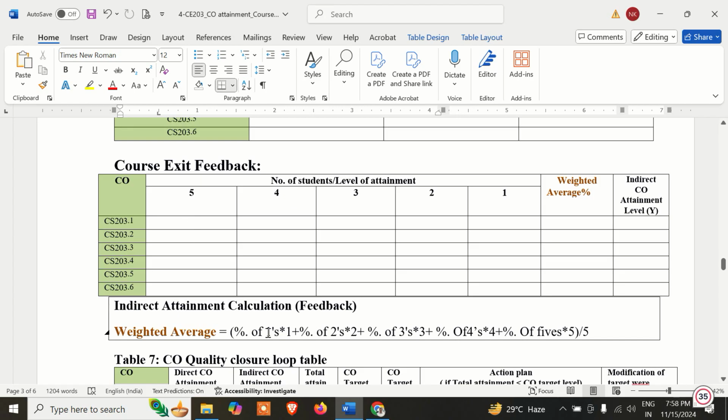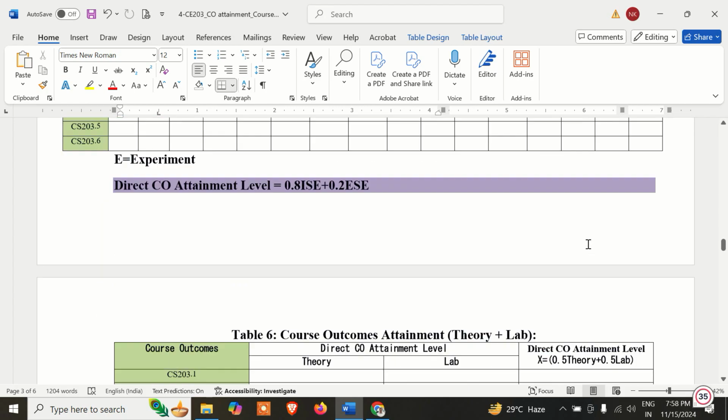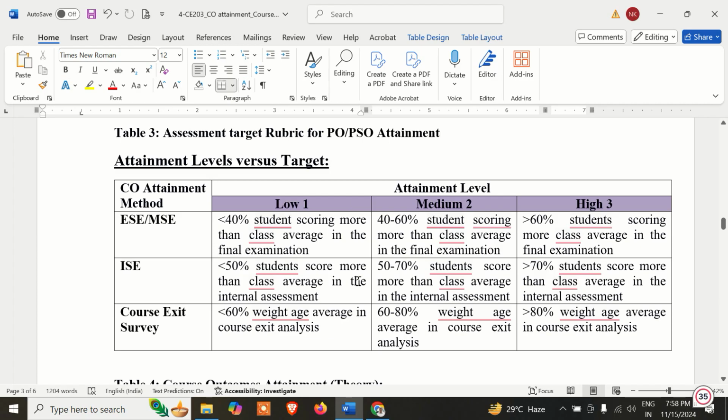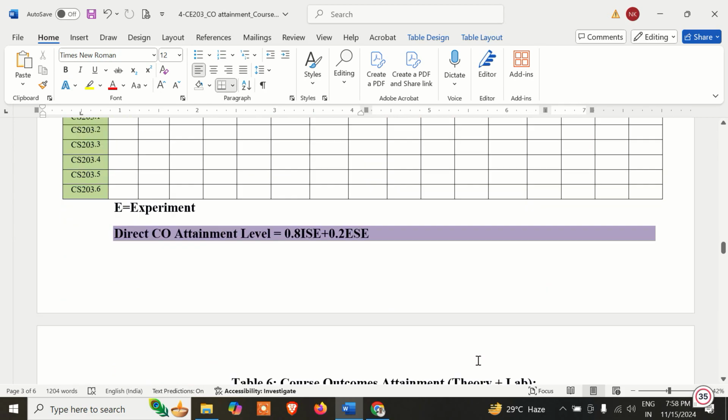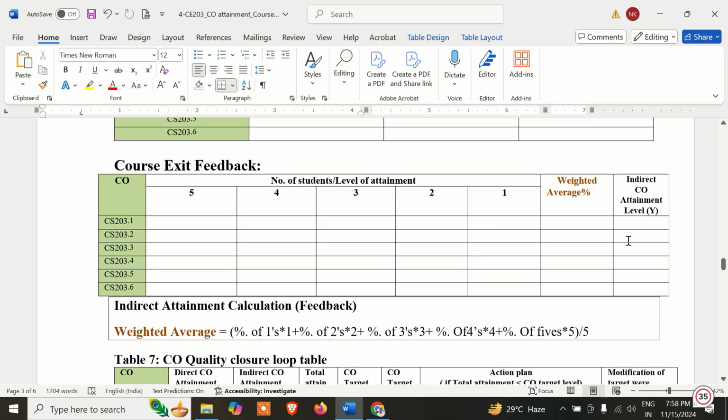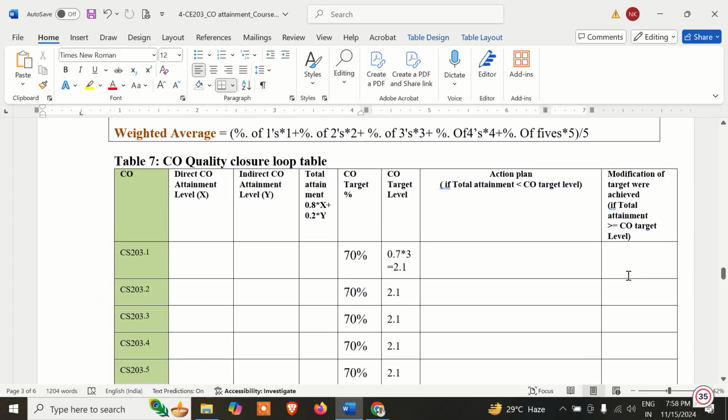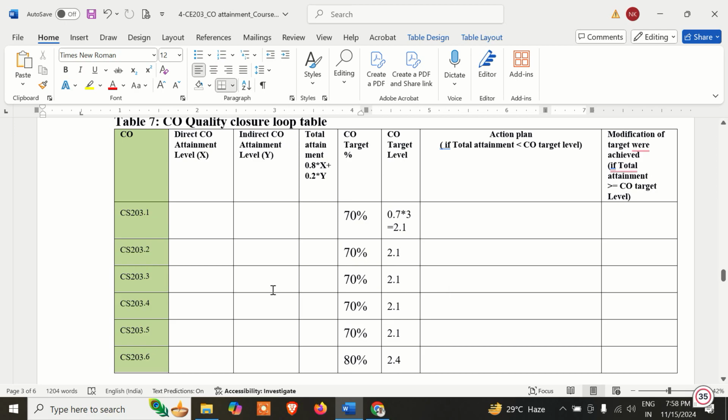That is, whatever is the percentage of ones, the percentage of twos, the percentage of threes, fours and fives, divided by 5 will give you the weighted average. Now this weighted average, compare with the attainment levels given here for the course exit, that is the third row. That will give you your indirect CO attainment.